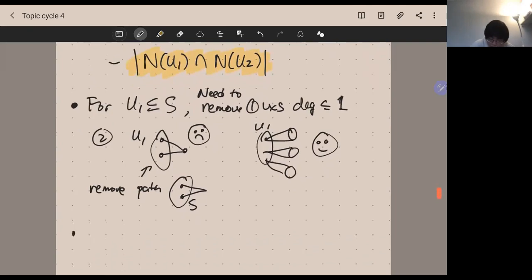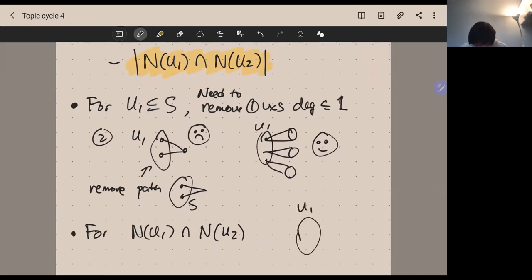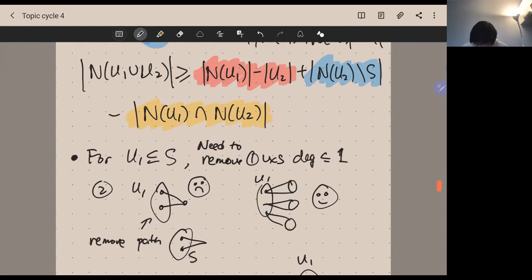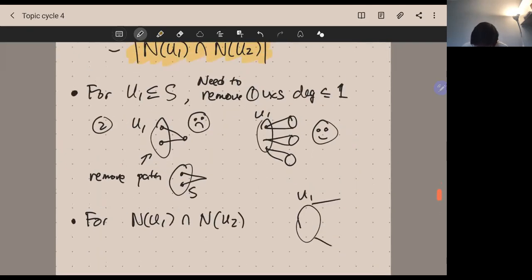Now let's look at U2. We have to remove a little bit more. For the intersection, we want to control the intersection, remember? So let me draw a picture. We have U1, here is N of U1. We have U2.